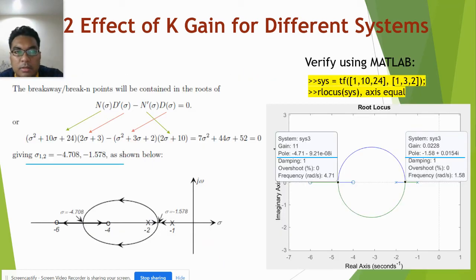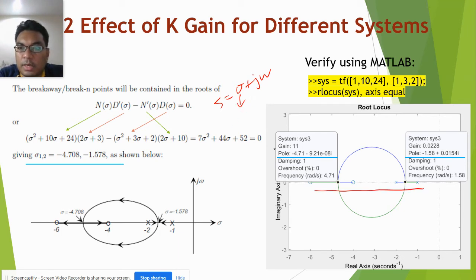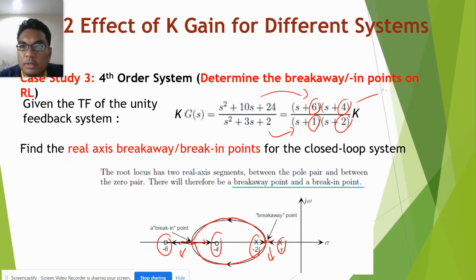So we have the solution here. Remember that s equals sigma plus j omega. In this case we replace s with sigma, because it's on the real axis. So for the equation, you have the numerator, the above part, and this is the denominator.